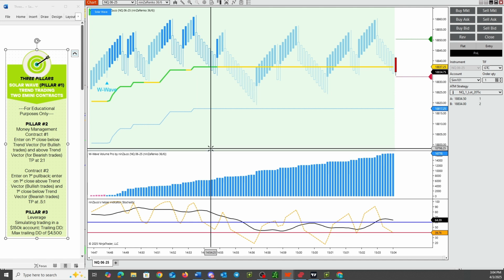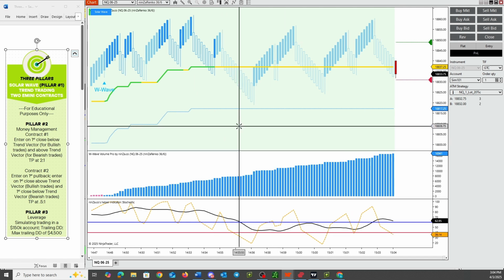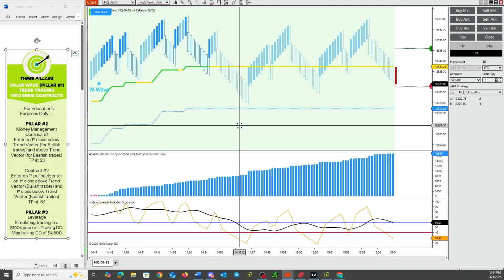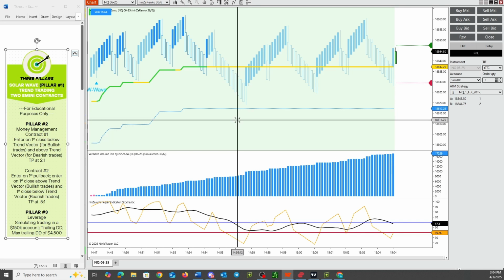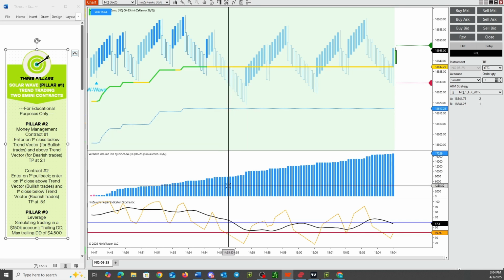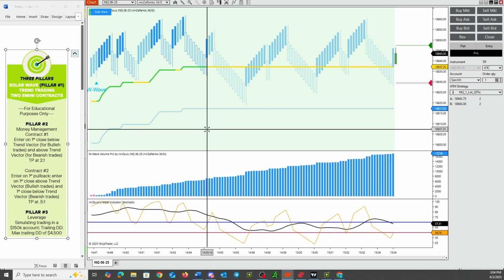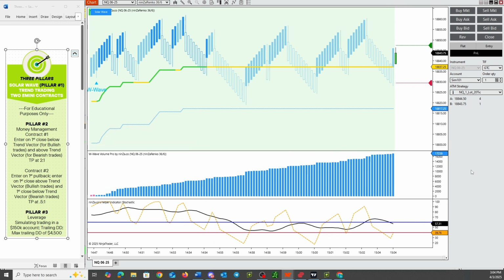If you folks don't come up with something, I'll probably go in there and select one of their Fibonacci trading indicators, and we'll pair that up with Solar Wave and potentially W-Wave VolPro, and use that in a trading model. But let me know if there's anything that you see.